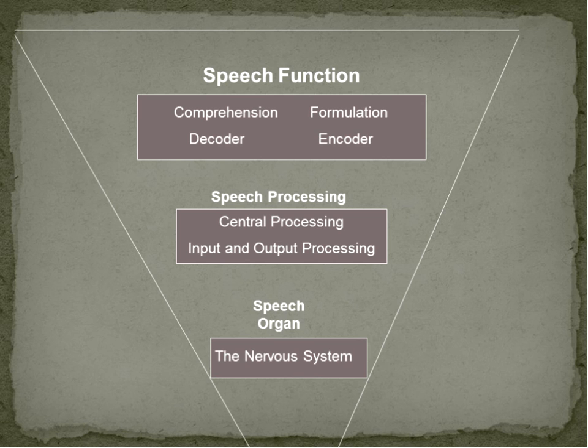Once meaning is established, and if the receiver wants to speak or give a response, the brain will formulate the language, encode it, and plan what movements of the body are to be made in order to articulate it. So for this speech organ, it is the nervous system. Its process is central and input-output processing. And its function is comprehension, decoding, formulating, and encoding.